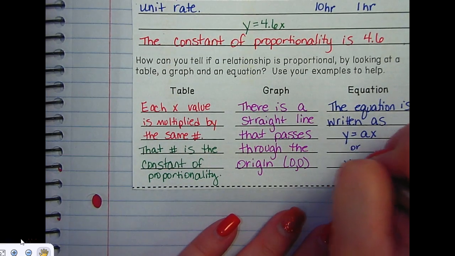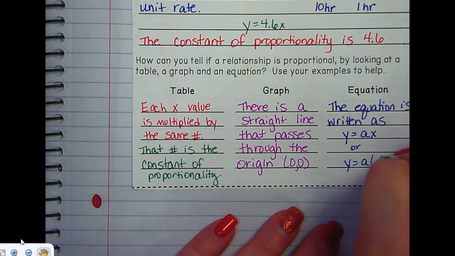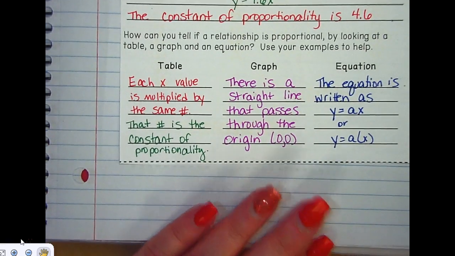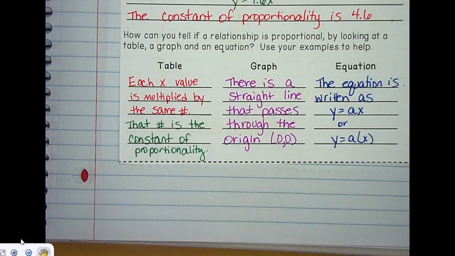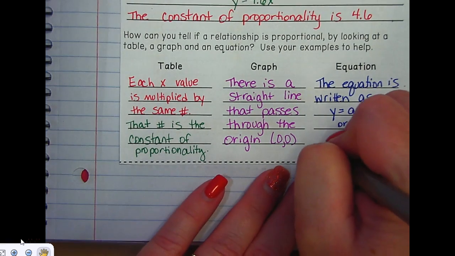Or y equals a, and sometimes you'll see the x in parentheses, but we know that's the same thing. And what is the a in that equation? The a is the constant of proportionality.